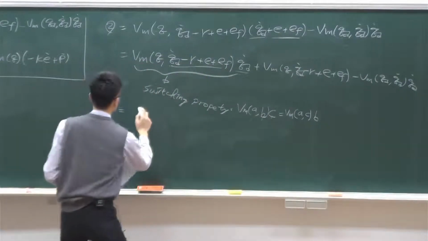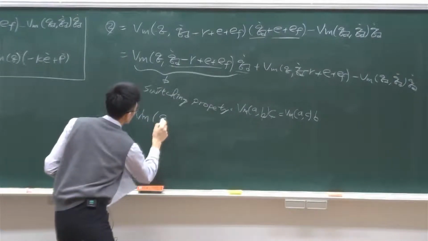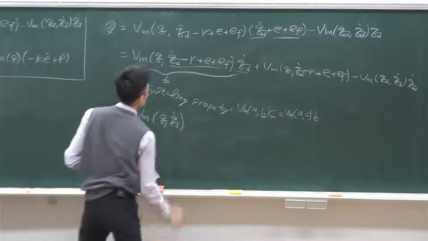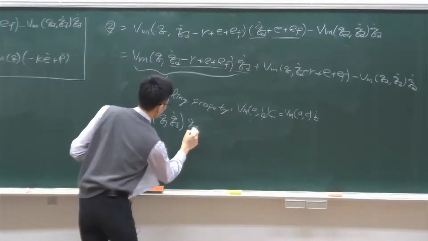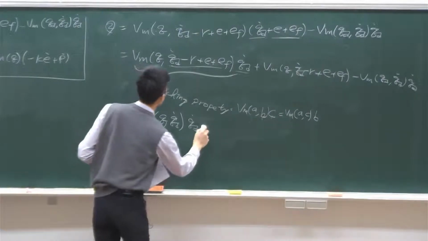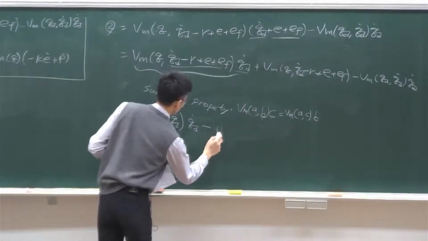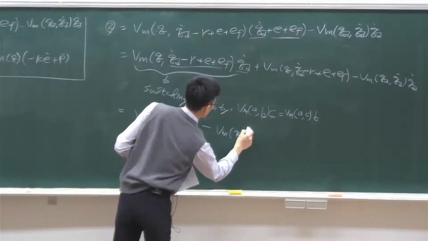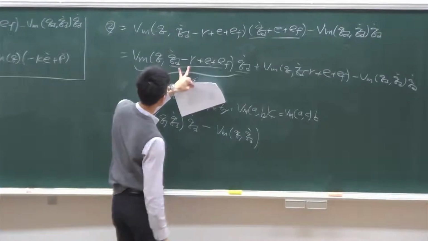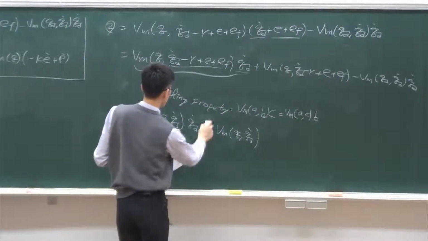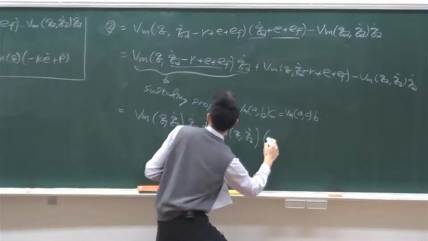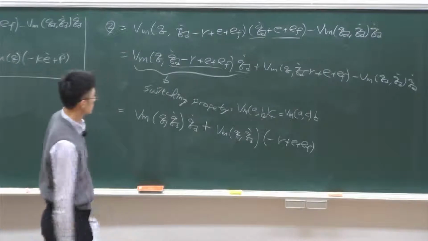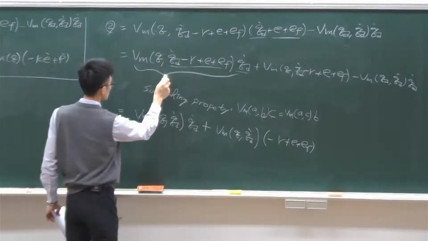Okay, so that's equal to Vm QD dot plus QD dot minus Vm QD dot. Okay, and all these terms minus r plus e plus ef. Okay, it's the same as these terms.